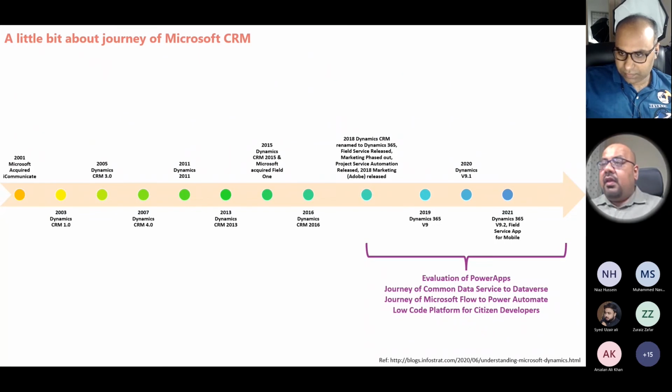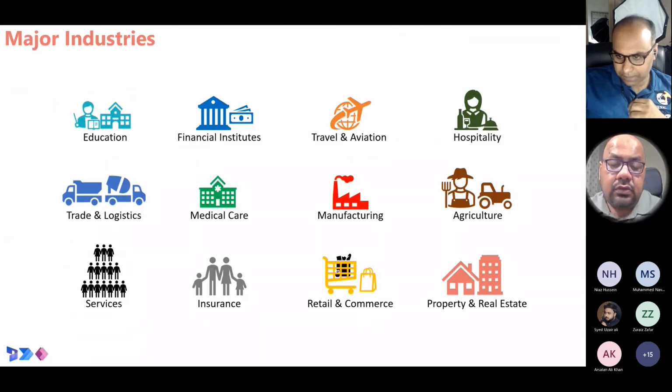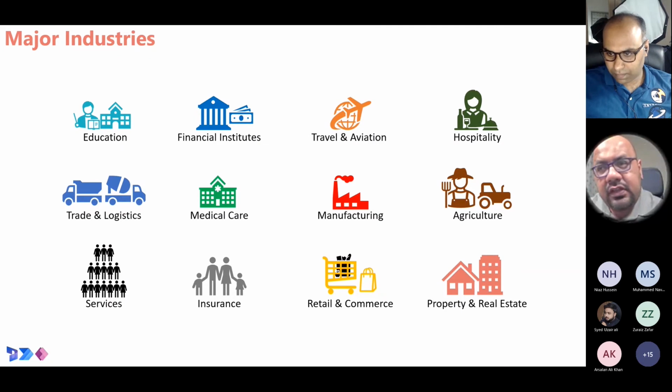Exactly. Now, what we are going to cover in the next phase is the major industries. Microsoft offers products for almost every kind of industry, which are mainly the ones I just tagged here. For education, that means school management.